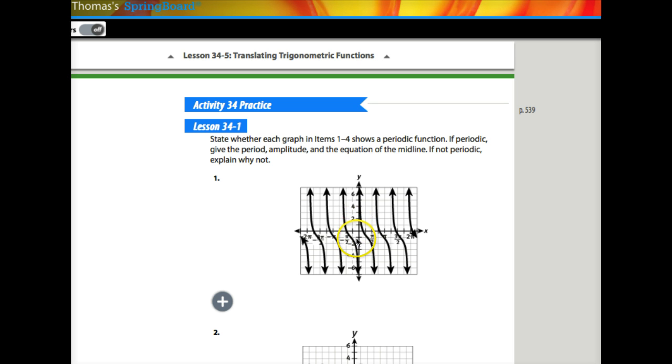So the asymptote is somewhere between this mark at negative pi over 4 and the y-axis. Even if this were at 0, the period is not pi over 2 because this part of the tangent graph crosses that pi over 2 line. So that doesn't work. You know it can't be 3 pi over 4 because this is crossed.